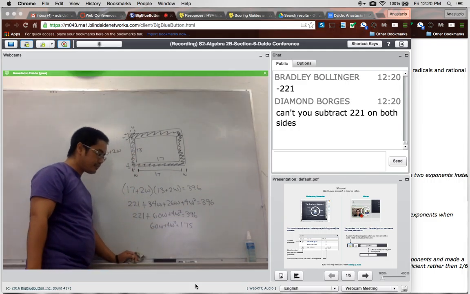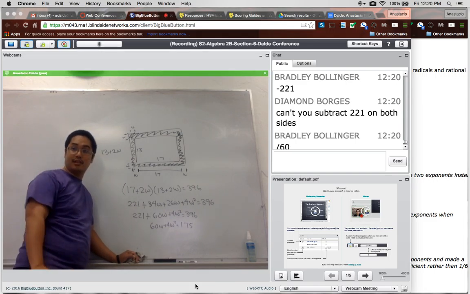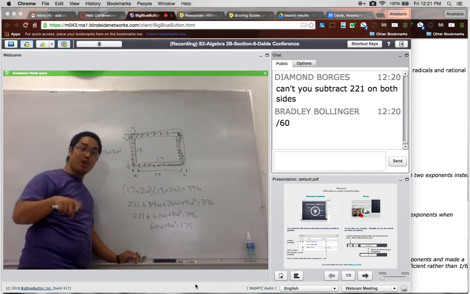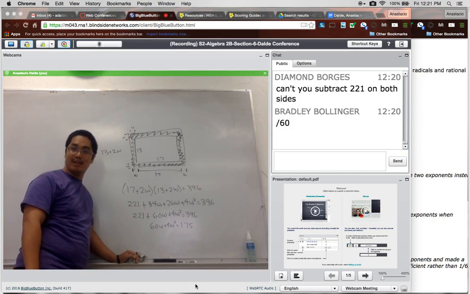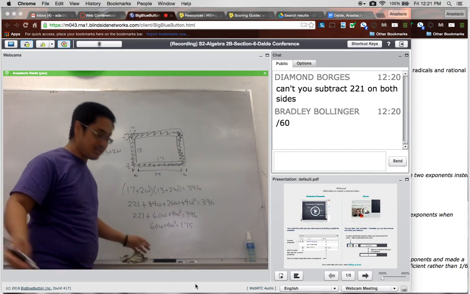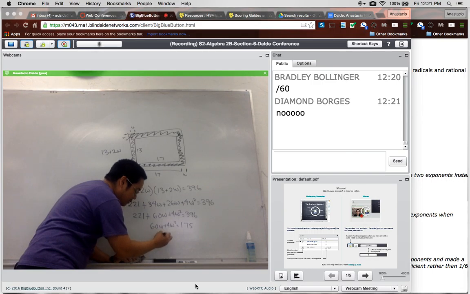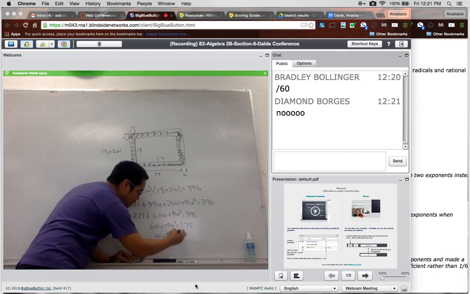Do you know how to do this now? Diamond suggested the same thing, so I'm going along. Fine, let's divide by 60. W plus 4 over 60 W squared equals 175 over 60.